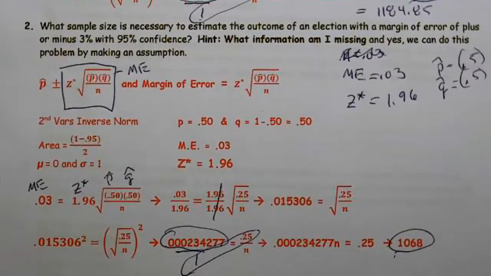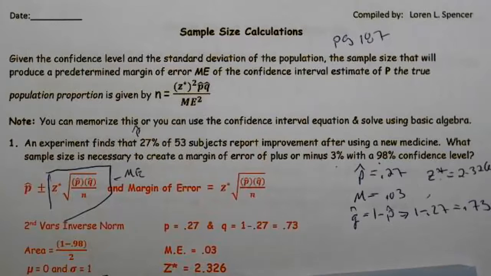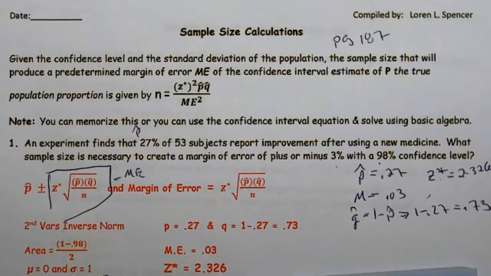1068. Now, go back, and for those of you who like memorization, if you're good at memorization, this might be your way of doing it. N equals Z star squared P hat Q hat over margin of error squared.